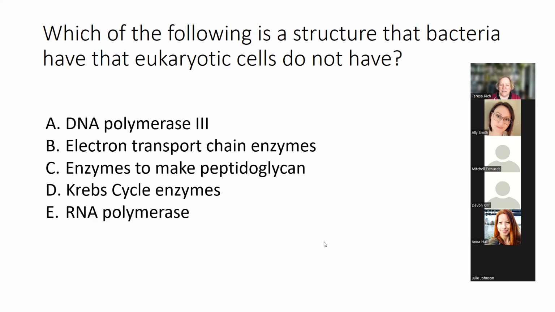All right. So the favorite answer was electron transport chain enzymes. And depending upon what kind of bacteria, if they are aerobic bacteria or facultative anaerobes, then yeah, they're going to have electron transport chain enzymes. If they're obligate anaerobes, then maybe they don't.